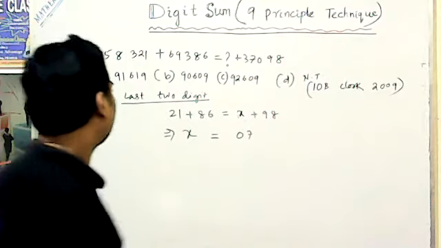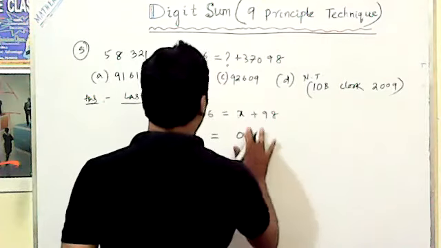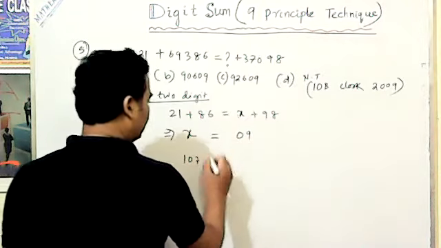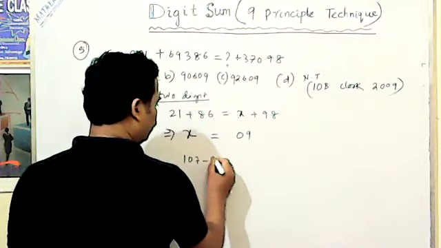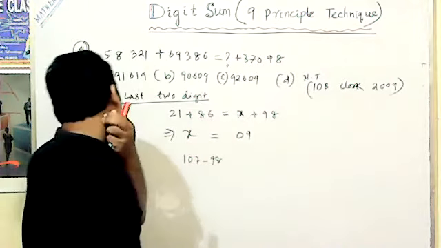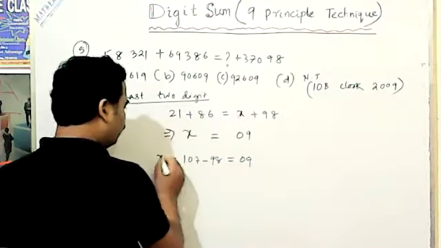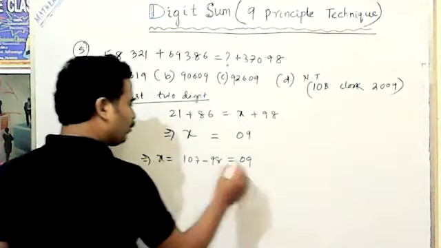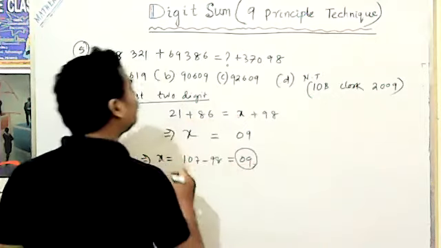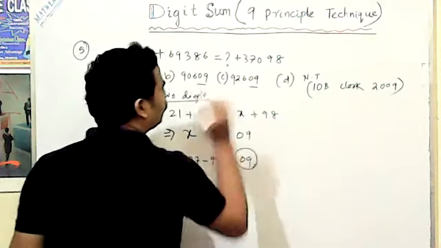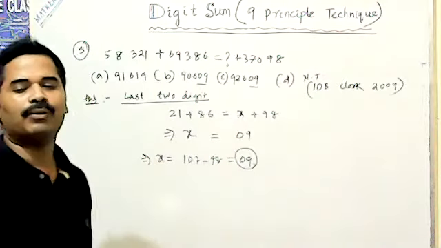The last two digits are 09. You can write it as 0209 or 029, the same value comes.